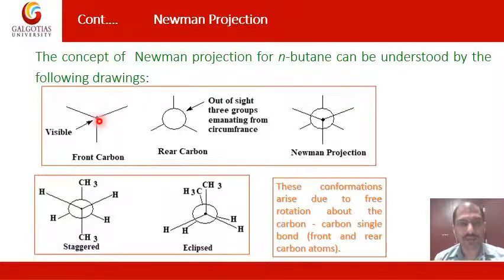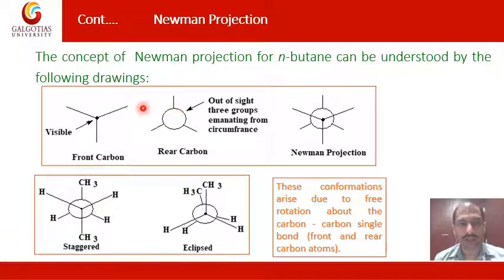This dot is the front carbon. The rear carbon is the circle, and it is attached to another carbon having the same kind of atoms attached in this manner.